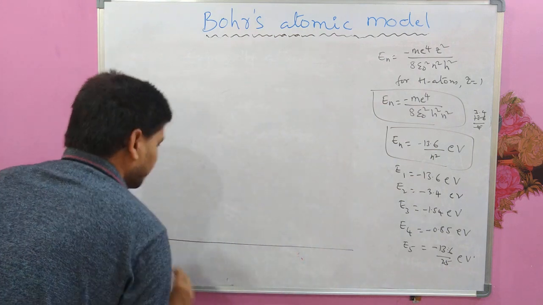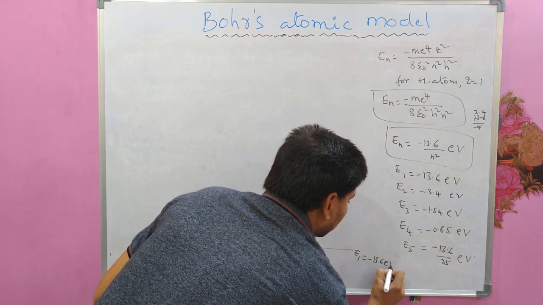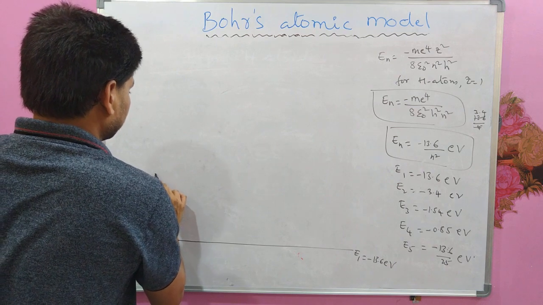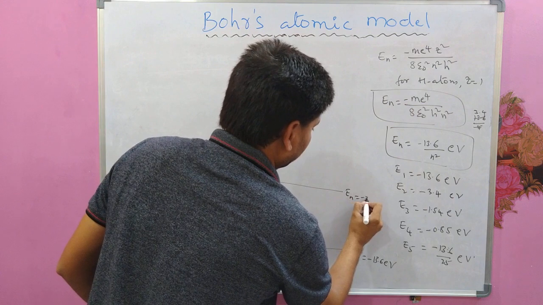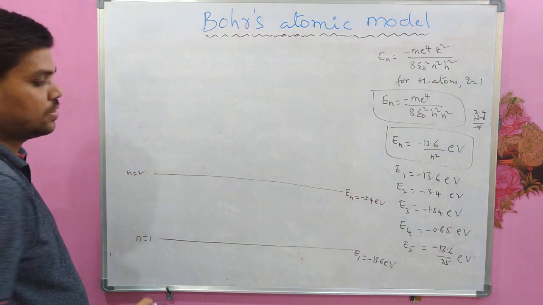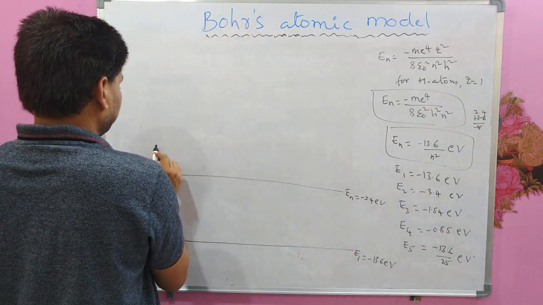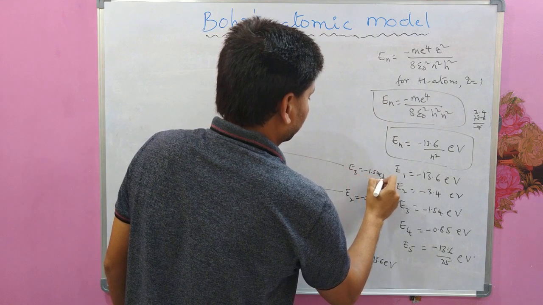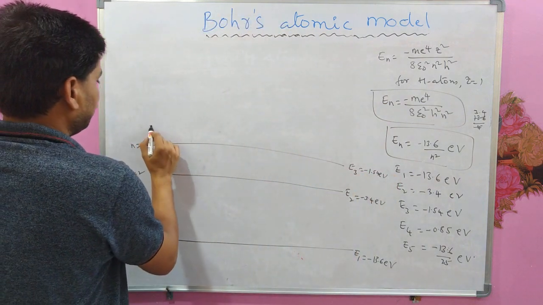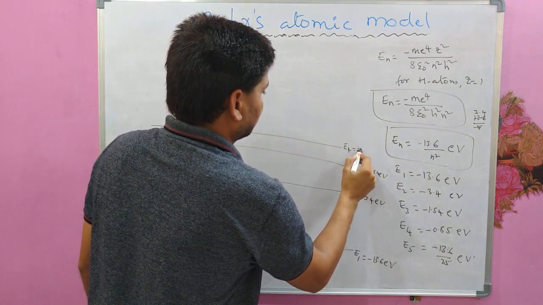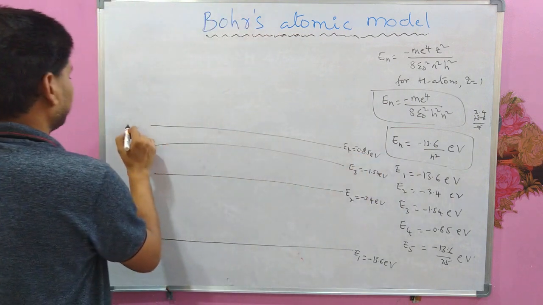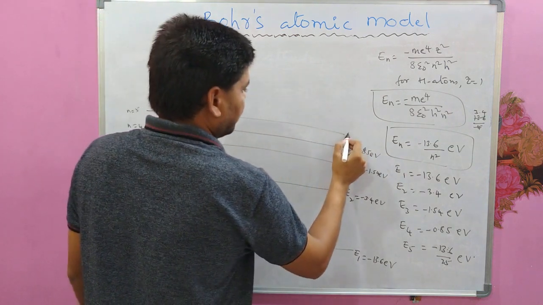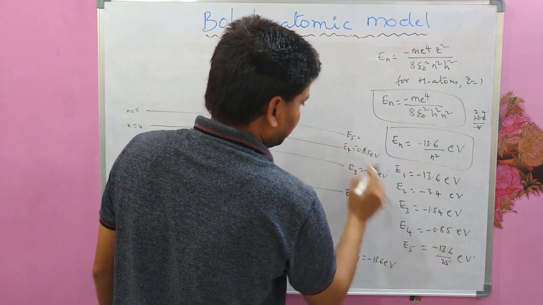Take this as n equal to 1 with E1 as minus 13.6 electron volt, and E2 minus 3.4 electron volt. n equal to 2, n equal to 3 minus 1.54, then E4 minus 0.85, and n equal to 5, E5 is minus 13.6 by 25.